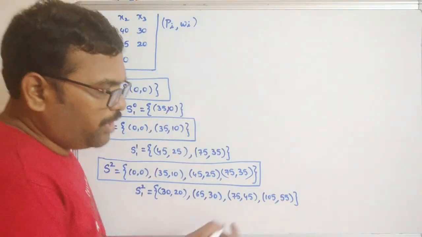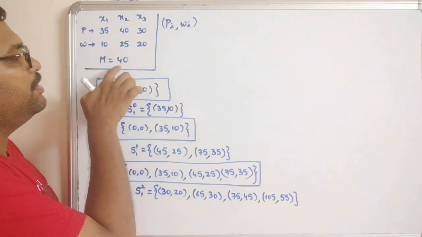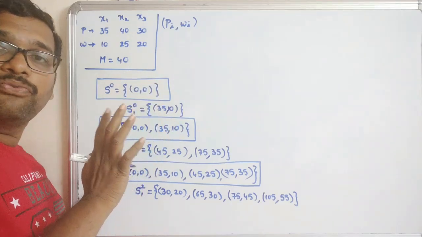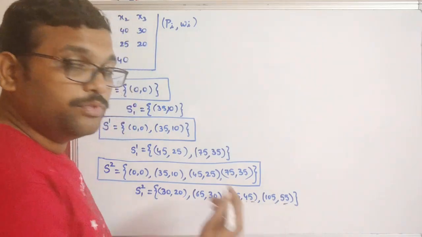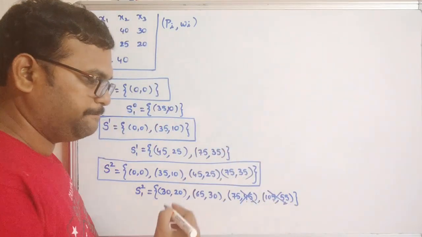Right. Now you can eliminate these two things because the maximum weight is 40. The sack can accept up to 40, right? But here we are having some 45 and 55, which is beyond the maximum weight, so we can avoid these things.